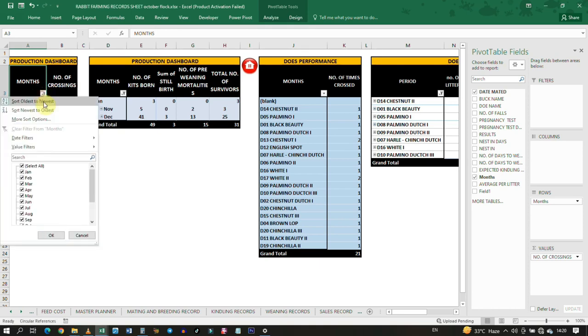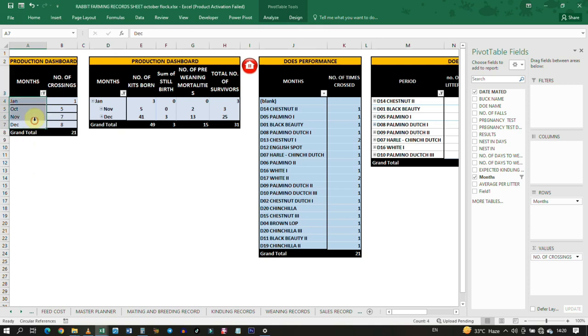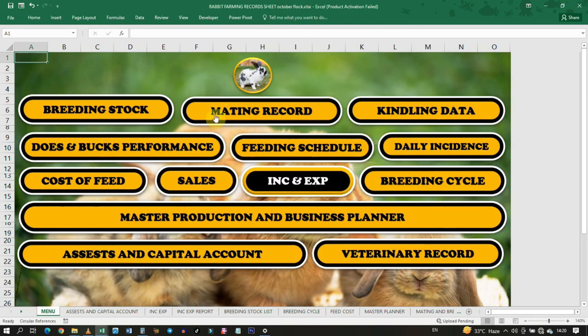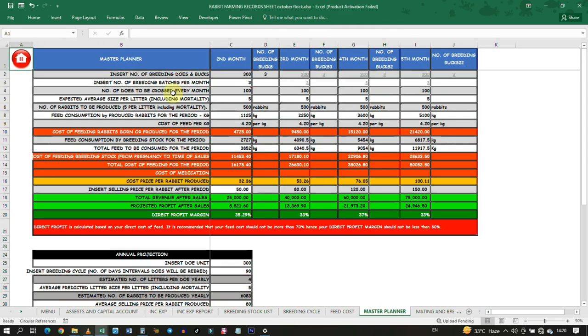I usually don't like these dates that look so strange. So I have it here that I think this January is this year. January I crossed 2, 5 crossed 1, October 5 were crossed, November 7 were crossed, December 8 were crossed. Now you use this to check your master planner, whether you are on course.